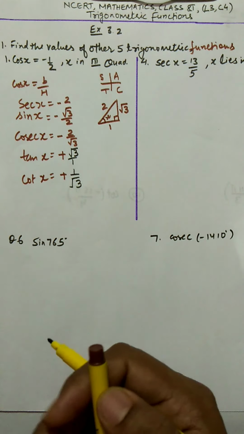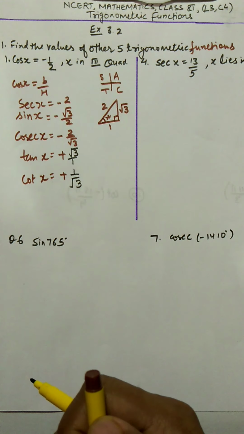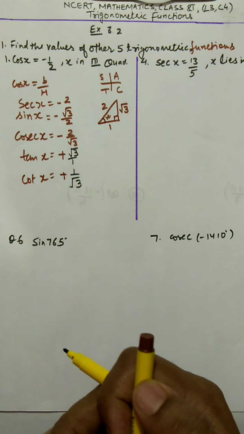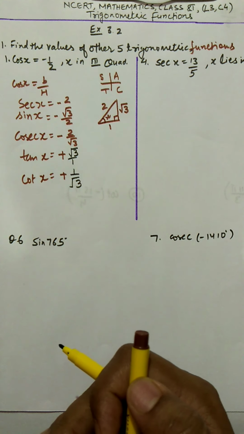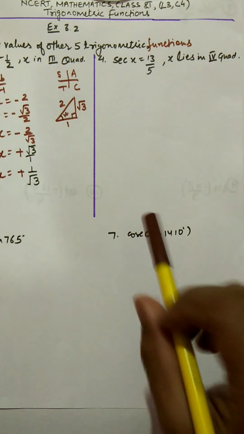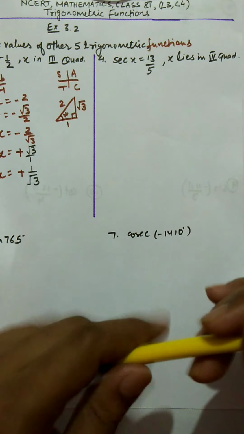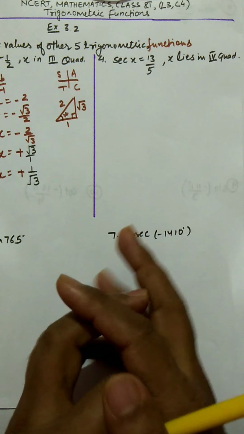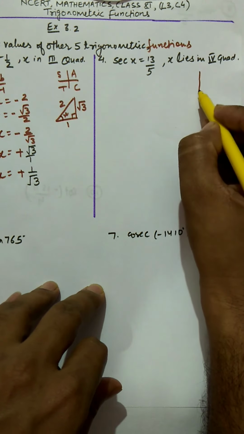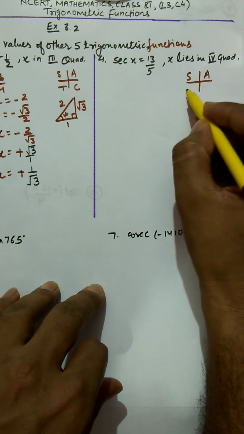So you have seen how we have calculated the other trigonometric function values when cos x was given as minus 1 by 2 and x is in the third quadrant. Now we'll do one more question based on this. Come to question number 4: sec x is 13 by 5 and x lies in the fourth quadrant. So again we use All Students Take Coffee.